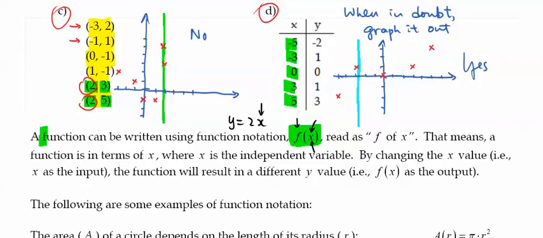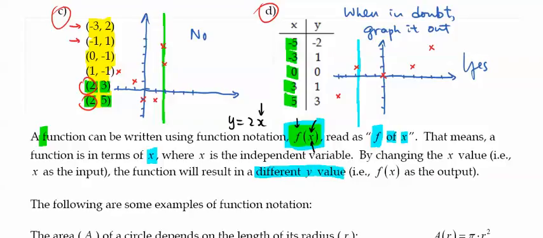So once again, for this special notation here, f of x, we are working with a function f that is in terms of x. That means x is the independent variable. You get to choose whatever value you want for your function. And once you substitute the input, your function will help us to calculate a new value.